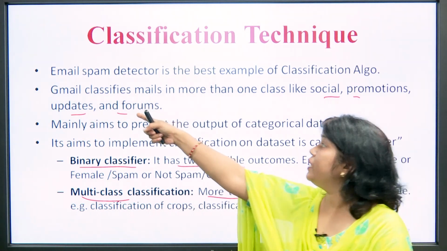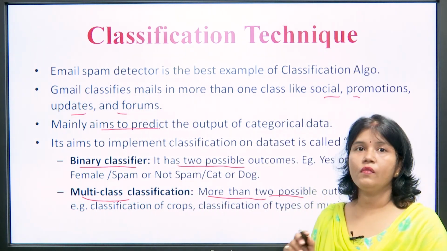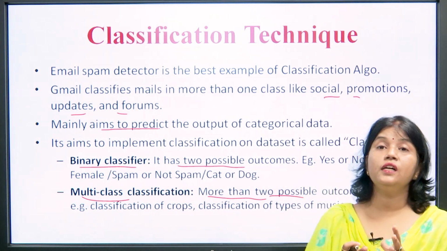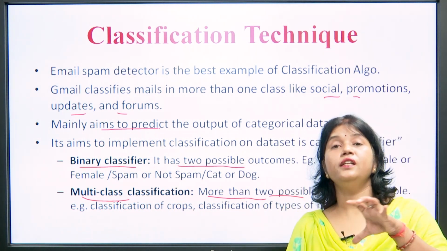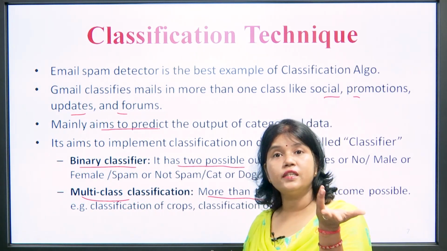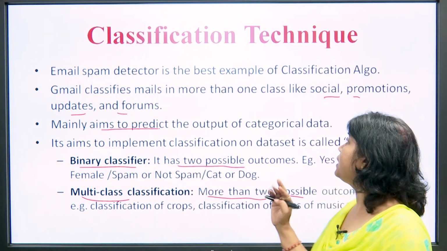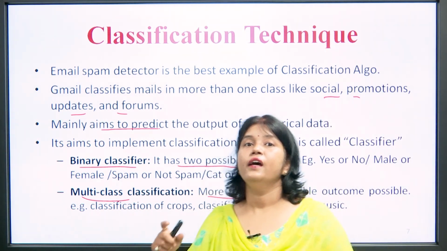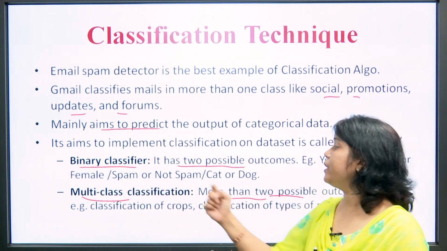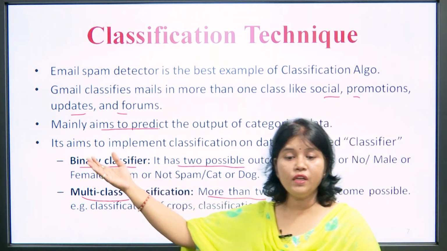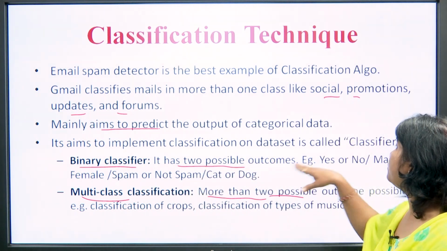So, what is its main aim? Its main aim is to predict the output of categorical data, in which category it will lie. Implementing classification on a data set is done by the classifier, and the classifier is basically of two types, binary classifier and multi-class. Obviously, as the name suggests, a binary classifier works on two possible outcomes.